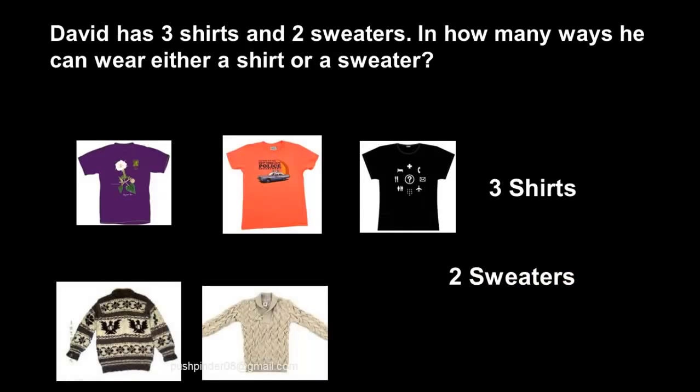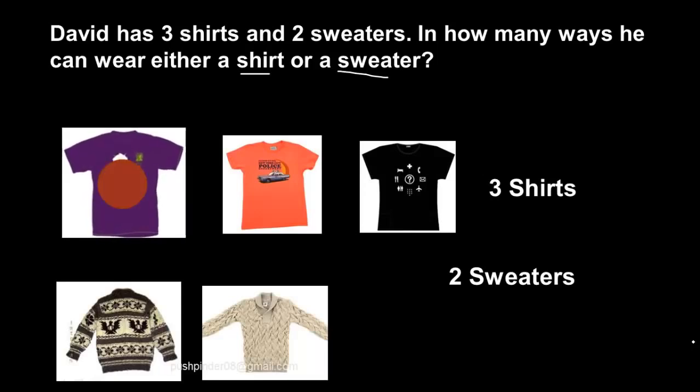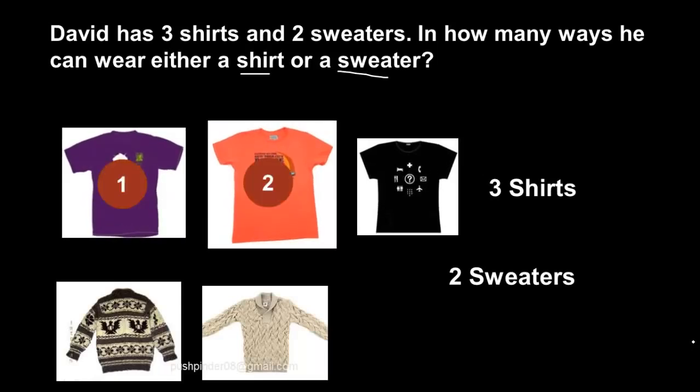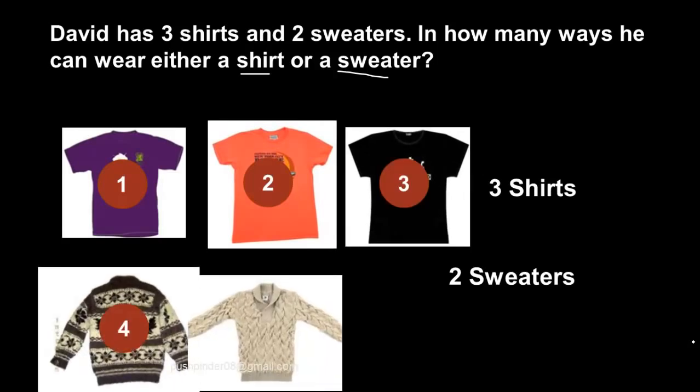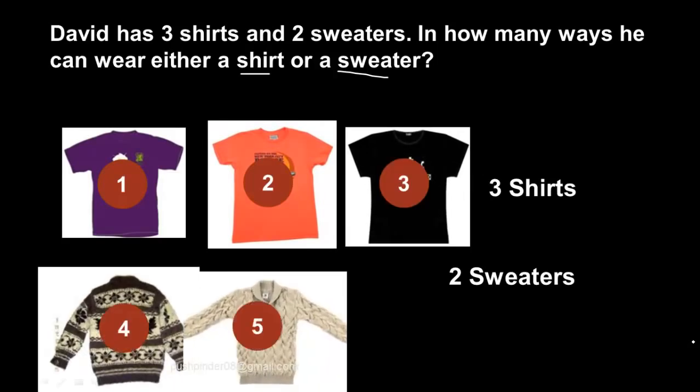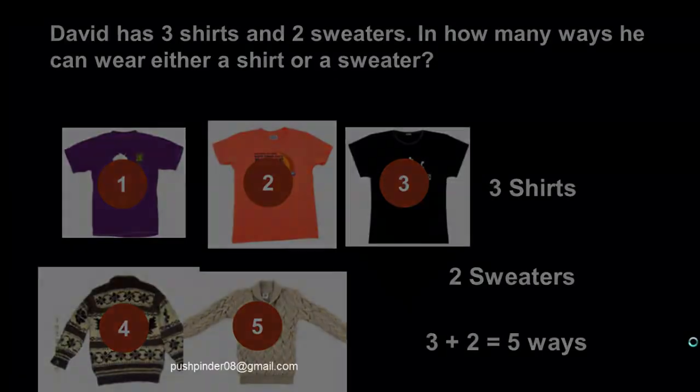In how many ways can he either wear a shirt or a sweater? He can wear this shirt, or this shirt, or this shirt, or this sweater, or this sweater. So the number of ways in which he can wear either a shirt or a sweater is 3 plus 2, that is 5 ways. I hope everyone is understanding. This is simple basic stuff, right?